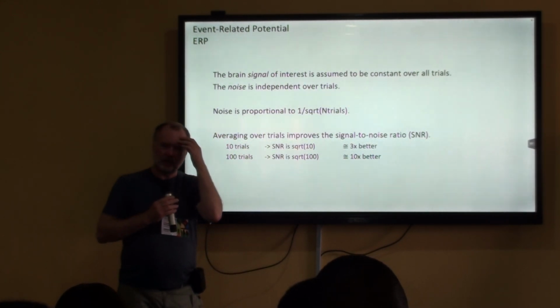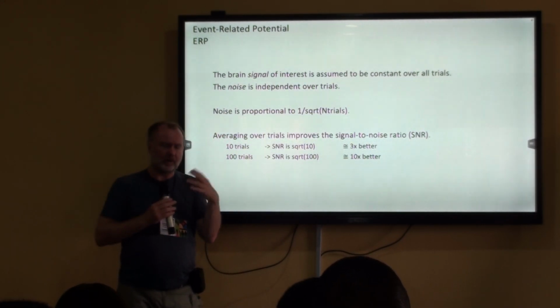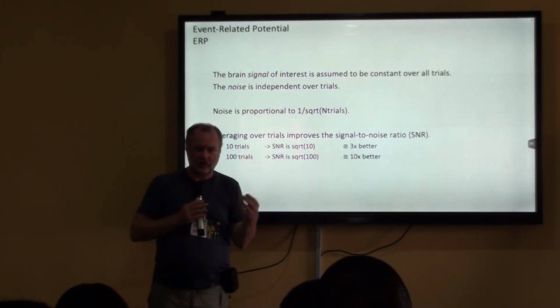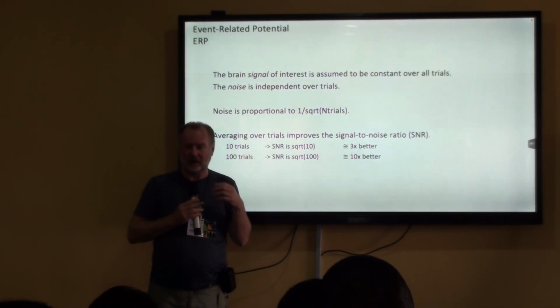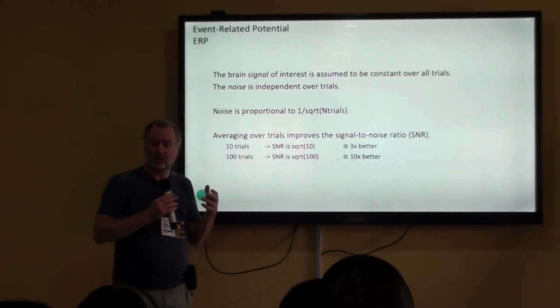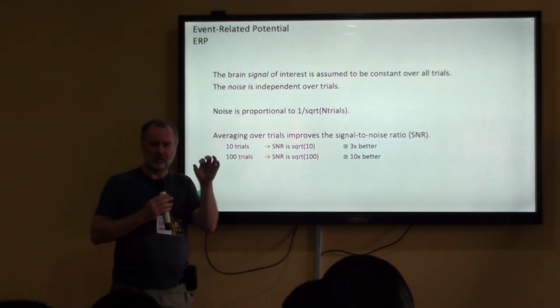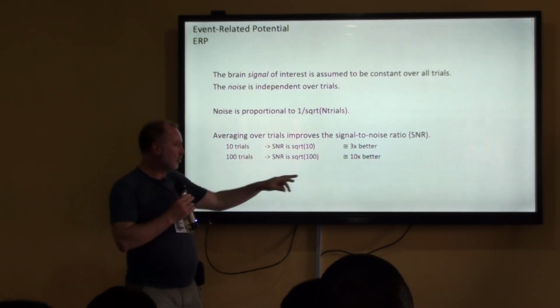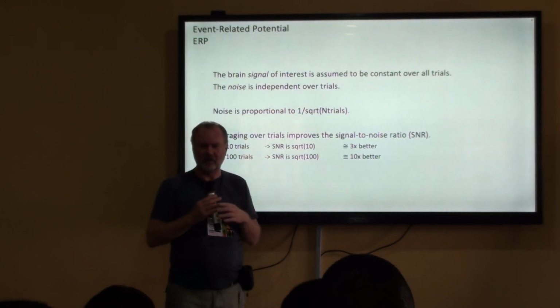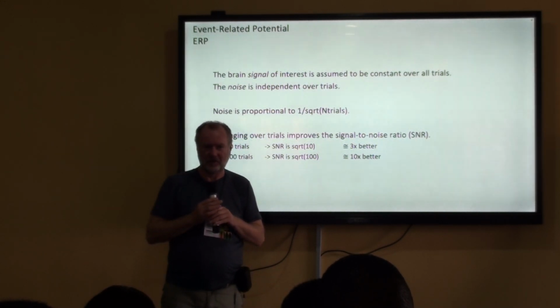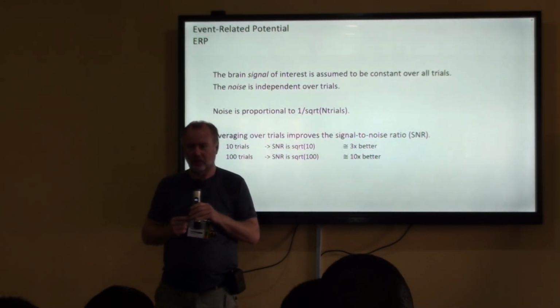So the day before yesterday Mikkel already said, it's quite common to have 100 trials or more. And that is necessary because otherwise we're not going to see the signal, because the signal is so small compared to the noise. So we need to average a lot, because the averaging is actually relatively inefficient because of us taking the square root.